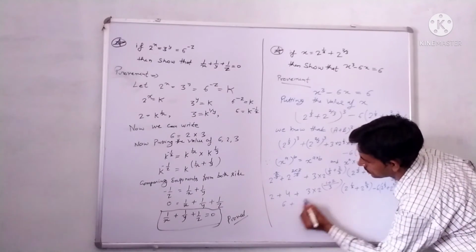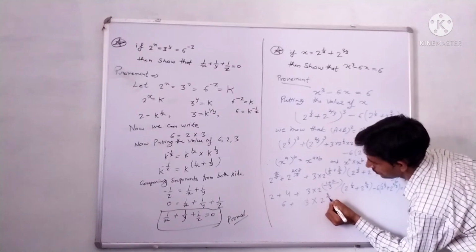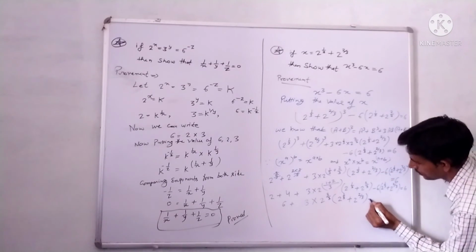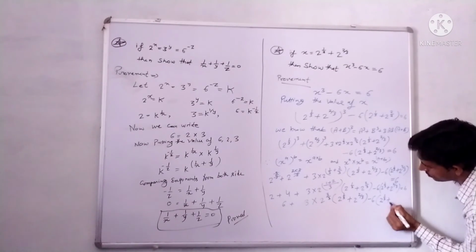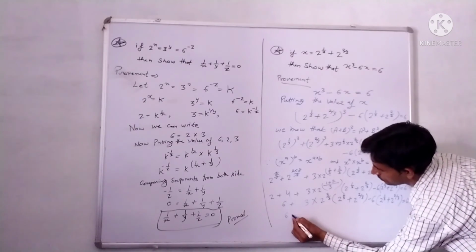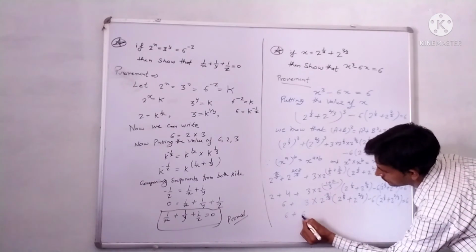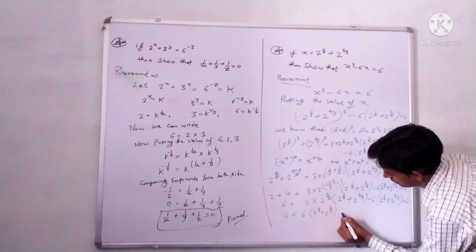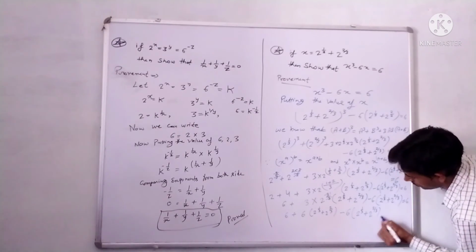So 4 plus 2 is 6, plus 3 into 2^(3/3), which is 2^1, into (2^(1/3) + 2^(2/3)), minus 6 into (2^(1/3) + 2^(2/3)) equals 6.